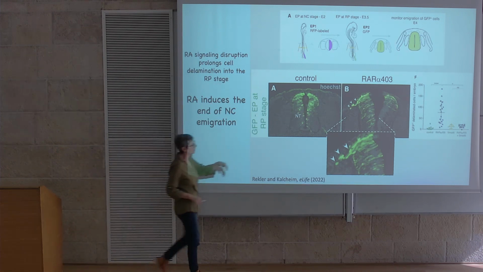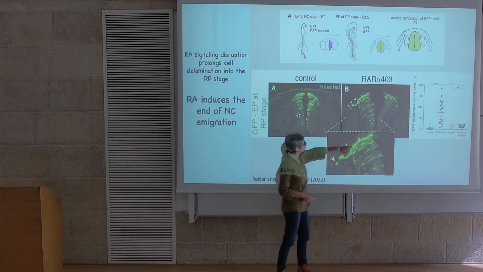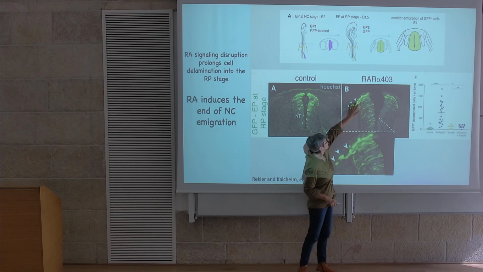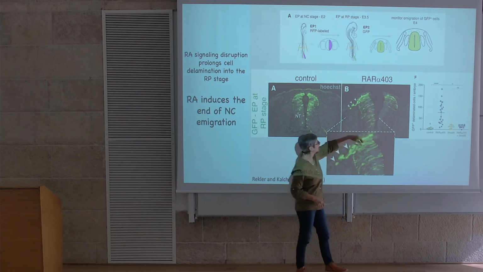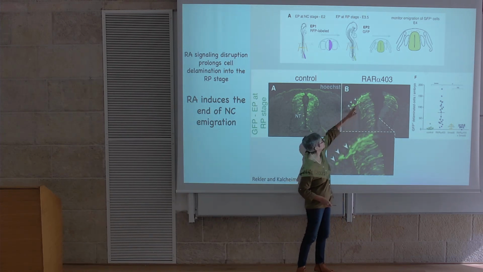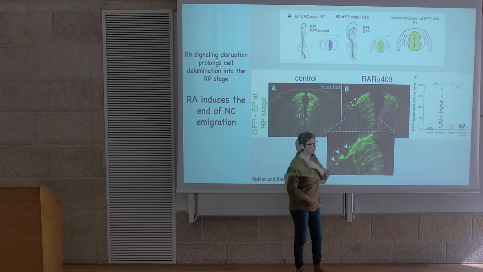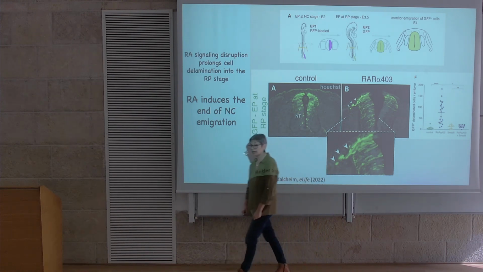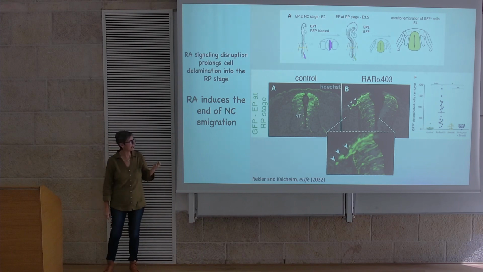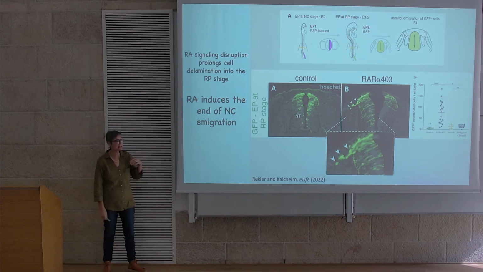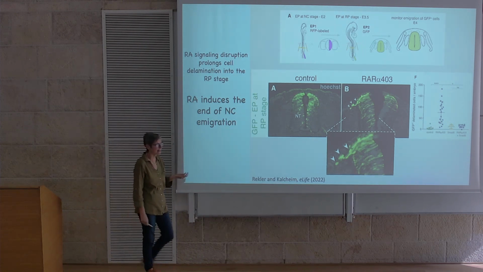So this is a kind of hemineural tube trick in which we see that only in the hemineural tube that has been electroporated with the dominant negative, while both of them have been electroporated with control GFP, cells continue to come out at a very, very late stage. And in one talk that Dina gave a few years ago, Eli asked, what is the fate of these cells? We know now what is the fate of these cells.